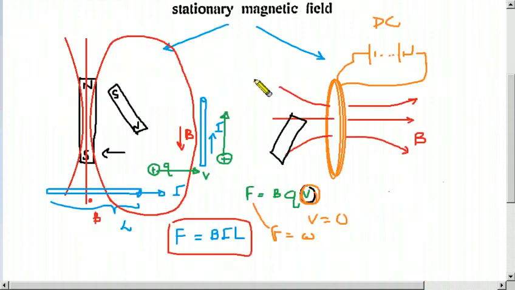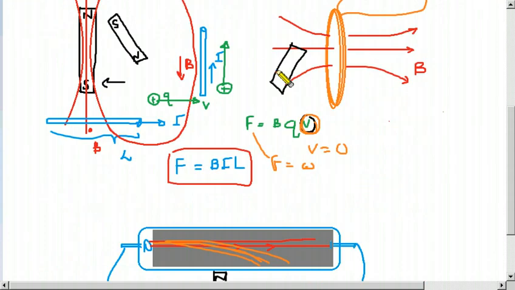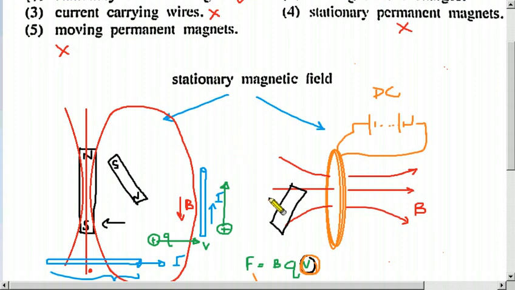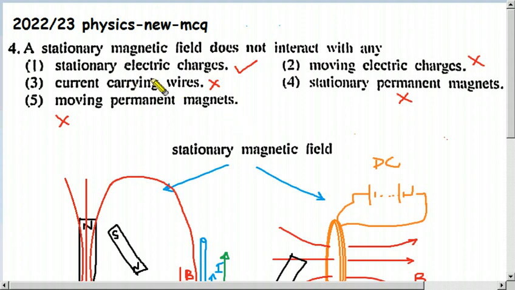If there is no interaction, that is the correct answer. To have a force, there must be a velocity. If there is no velocity, that means a stationary electric charge, so there is no force as well. So therefore it is correct.